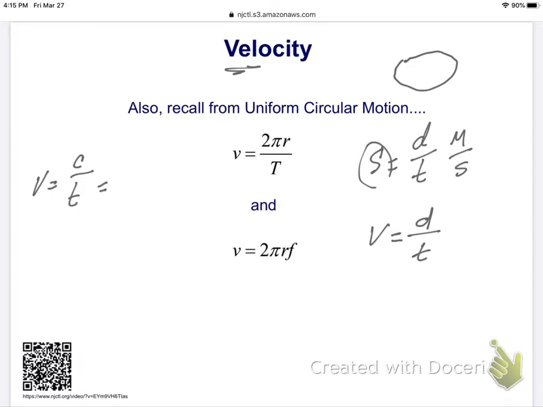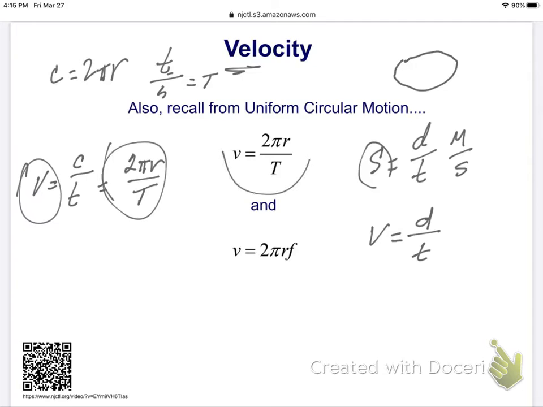We know that the circumference around a circle equals 2 pi r. So we can plug in 2 pi r for the circumference, and the time that it takes to go around a circle, we know now as period. So we can put that over period. So we get velocity equals 2 pi r over t, and that's our first equation.